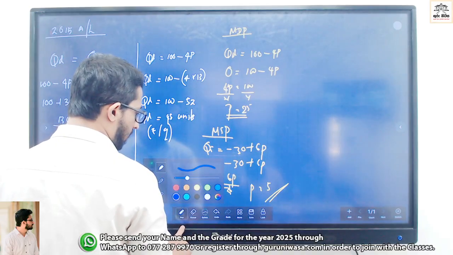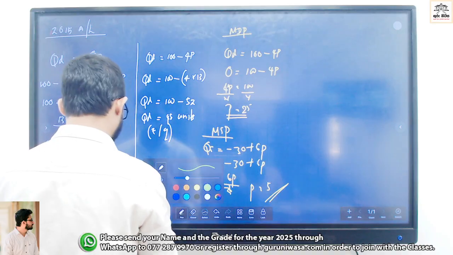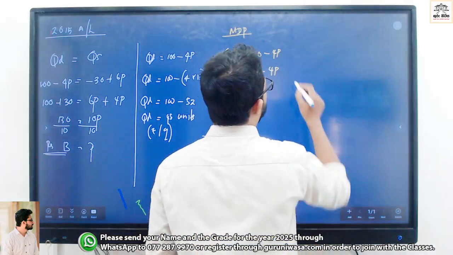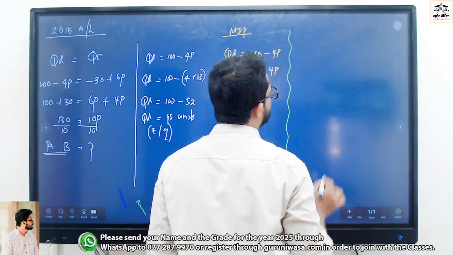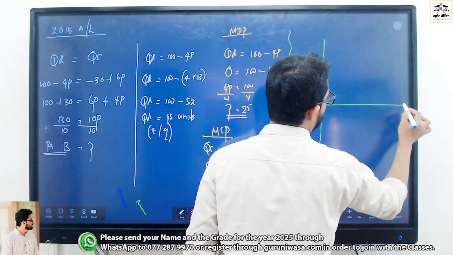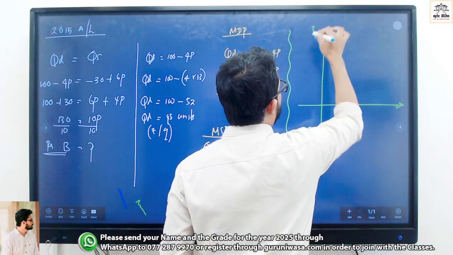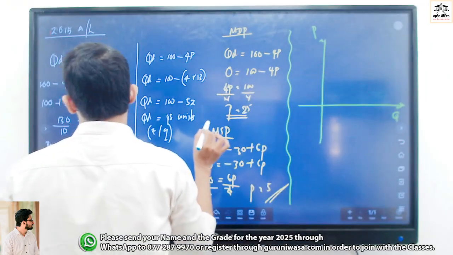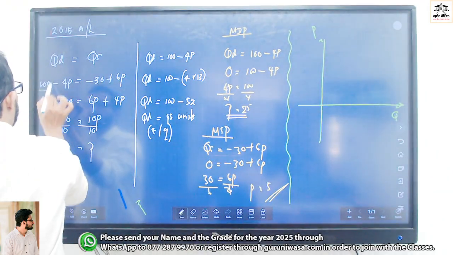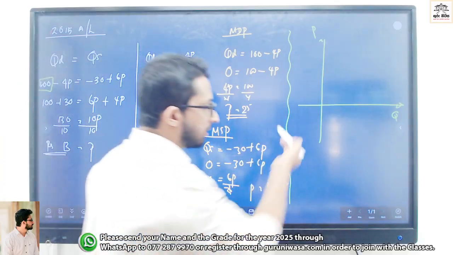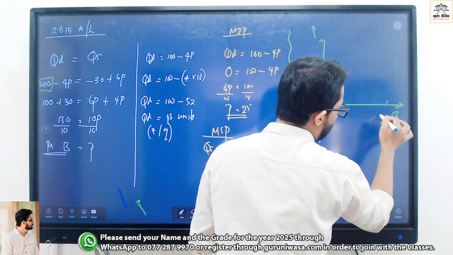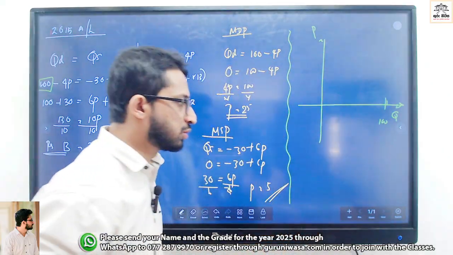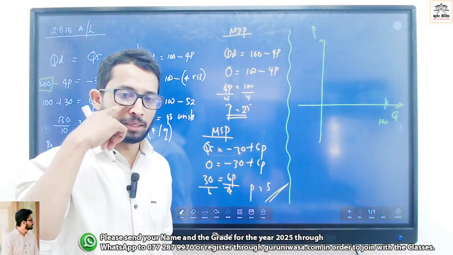Then draw a small sketch. Better for you. This graph goes like this: price axis, quantity axis. The intercept of the demand curve is 100, so this axis maximum, how much? No need to take values more than 100, right?